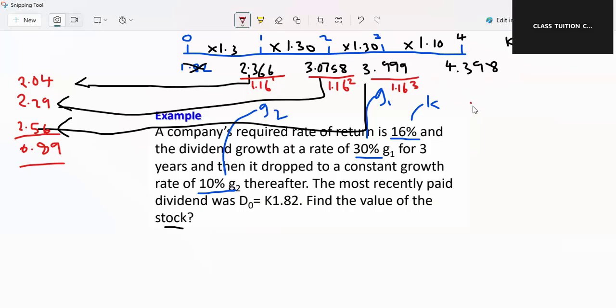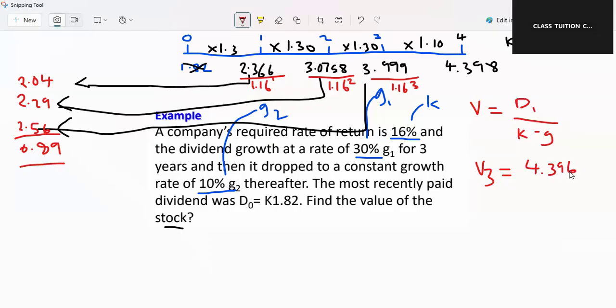Now remember, whenever you hear thereafter, using Gordon's model, the value of stock now is D1 over K minus G. Now, our D1 for this second phase is the same 4.39 because it's like we're starting afresh. So year 0 for this phase is year 3. So we want to calculate the value of stock as at year 3. So what is the value of stock as at year 3? It is D1. Our D1 is what? 4.396.